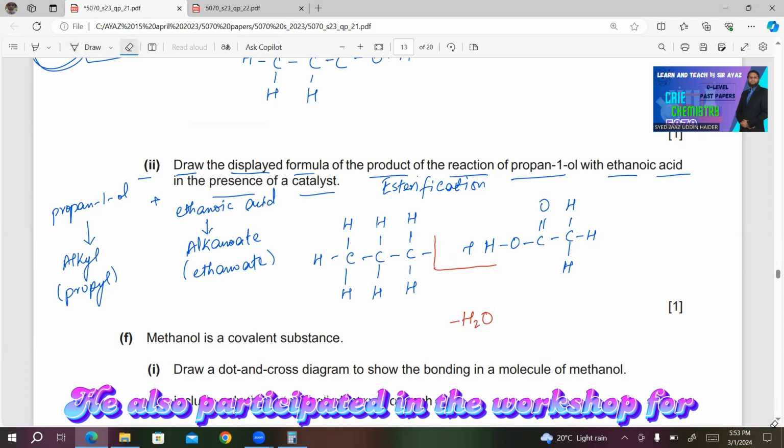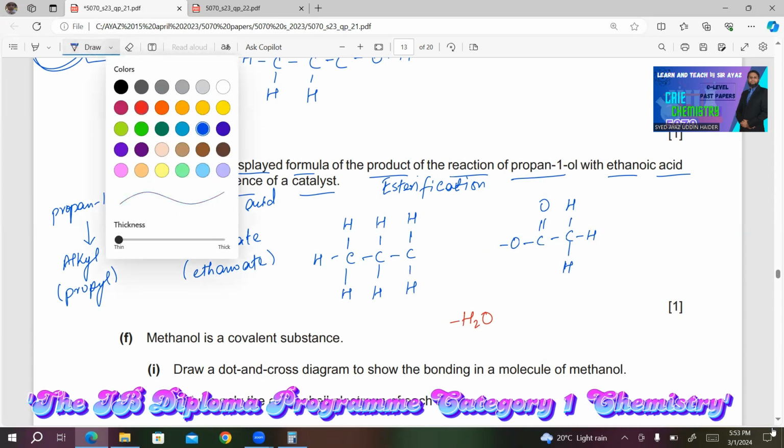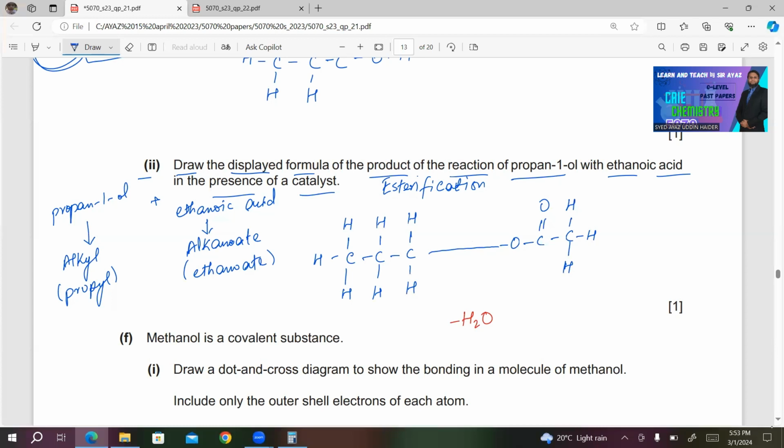So the final formula for propyl ethanoate will be this. You'll draw this in this way.